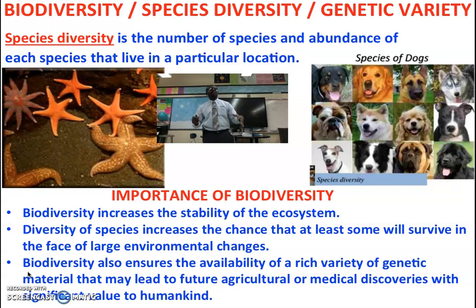When there is a drought or environmental change, biodiversity will ensure that some of the species will survive because of genetic variety. Some species are different, they have different genetic components.